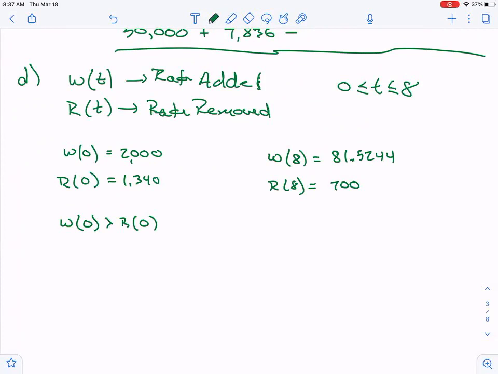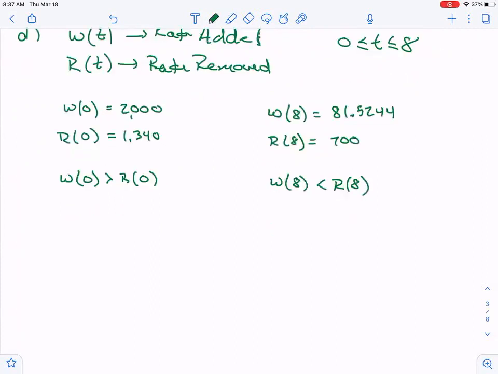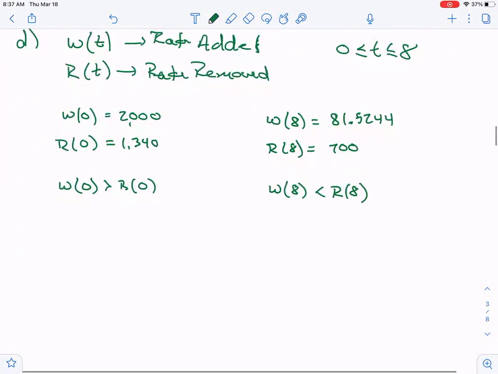But at time 8, W at 8 is less than R at 8. So it switches at the end of those 8 hours. Now the rate that the water is being removed is larger than the rate that the water is being added.